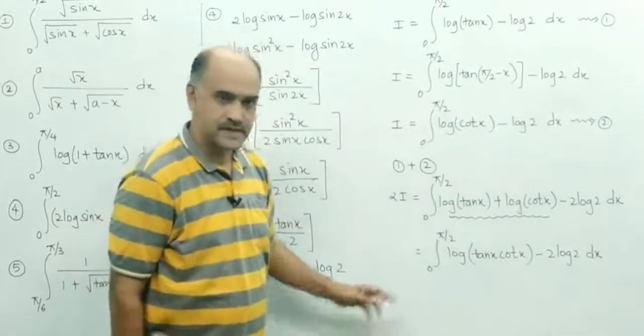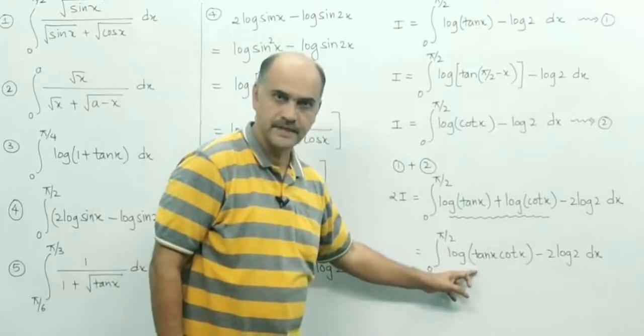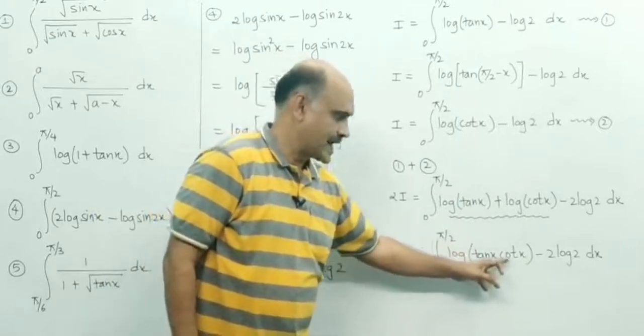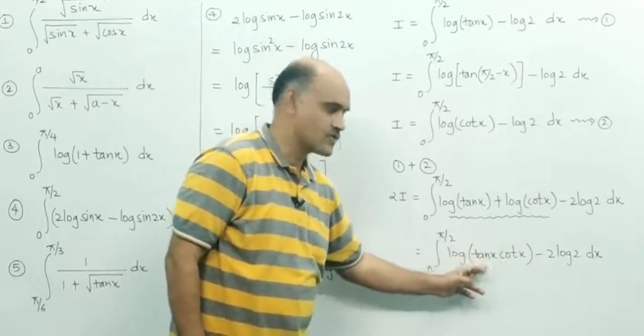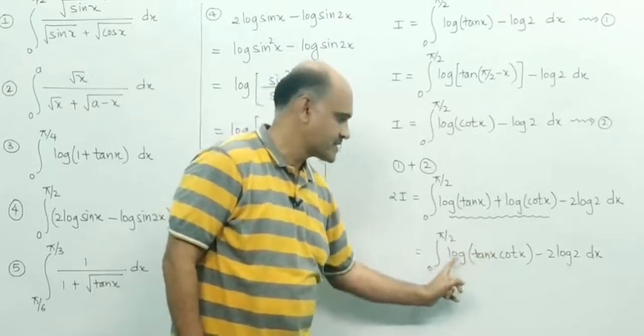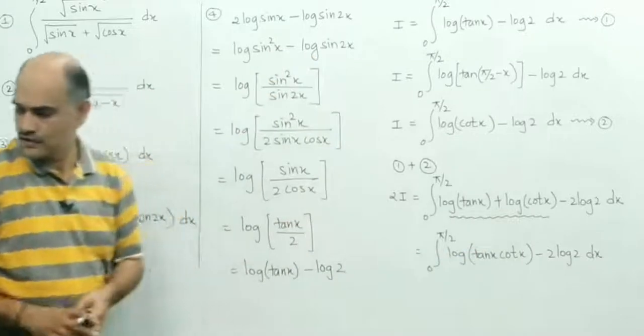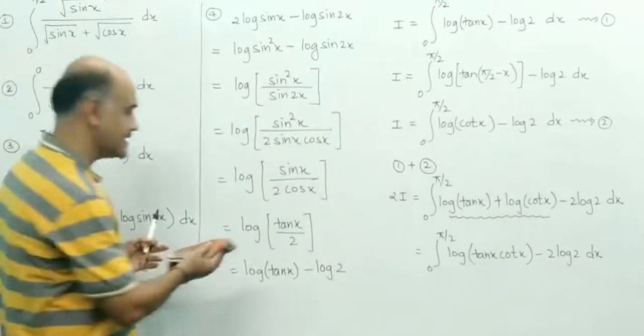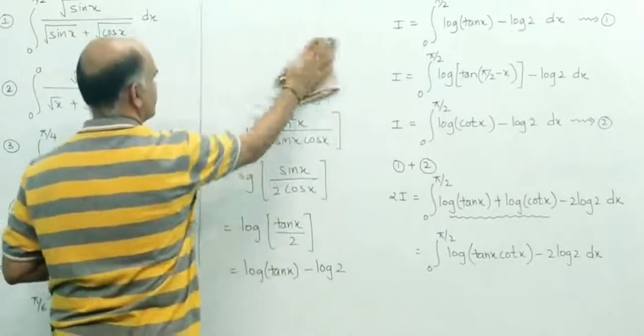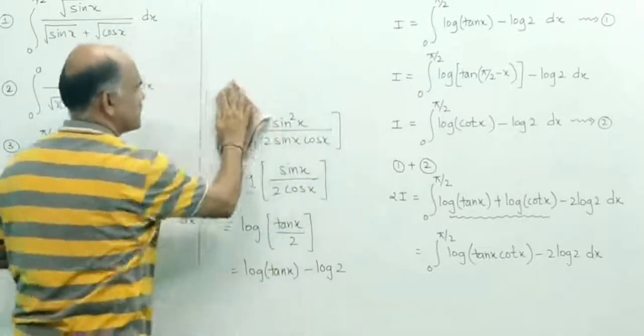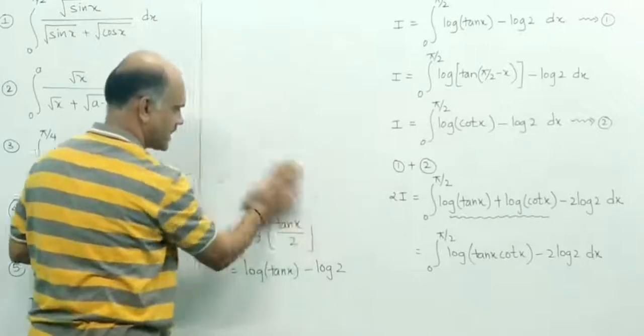Cot is the reciprocal of tan, so tan x into cot x is 1. So this becomes log 1. You know the value of log 1. Log 1 is 0. Very good.